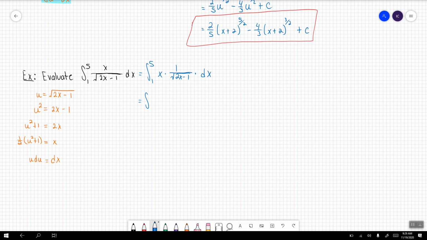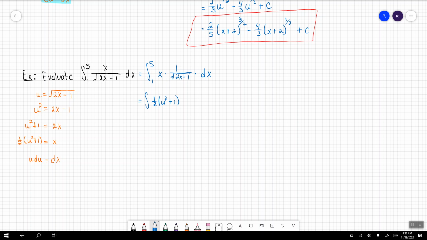So my substitution here, x is the variable that I'm looking at here. So that x is my 1/2 times u squared plus 1. Okay, that was the x.